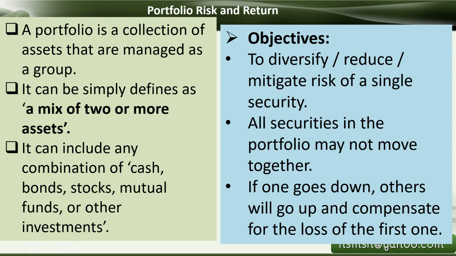If within the portfolio we have individual instruments which move in opposite directions, and one instrument brings a loss, another one will bring a profit because they are moving in opposite directions. That's the idea. If one goes down, others will go up and compensate for the loss of the first one.